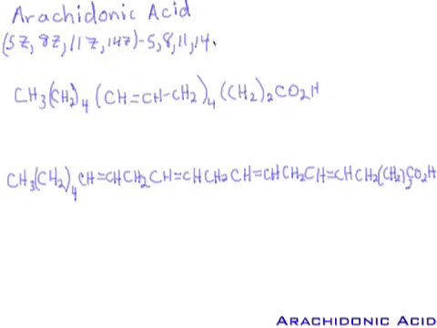Now, what's a 20 carbon chain? That's eicosane. What would it be with a double bond? That would be eicosene. Eicosadiene, eicosatriene, eicosatetraene, and then there's an oic acid. So this is eicosatetraene.